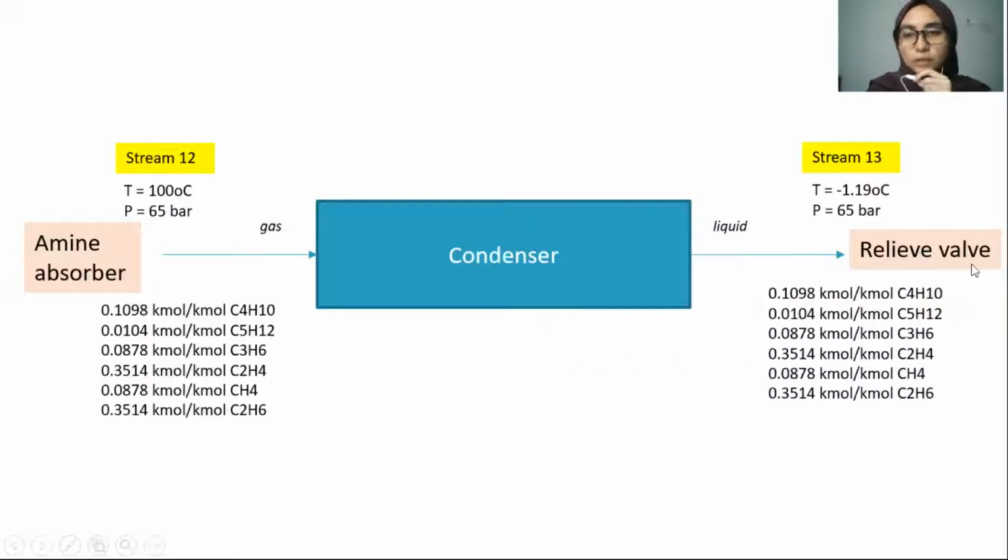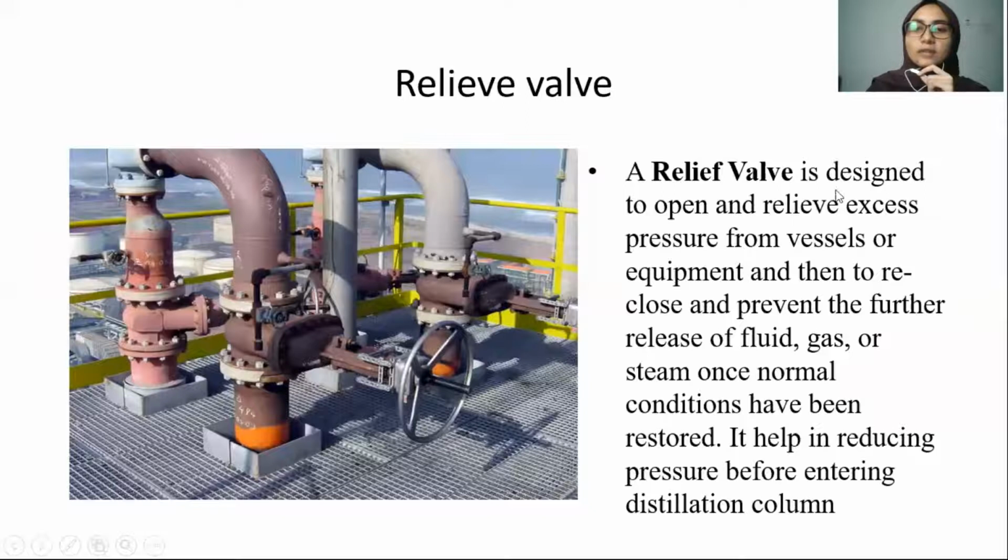So we proceed with the relief valve. The relief valve is designed to open and release excess pressure from the vessel or equipment, and then to reclose and prevent the further release of the fluid, gas, or steam once normal condition has been restored. It helps in reducing the pressure before entering the distillation column.